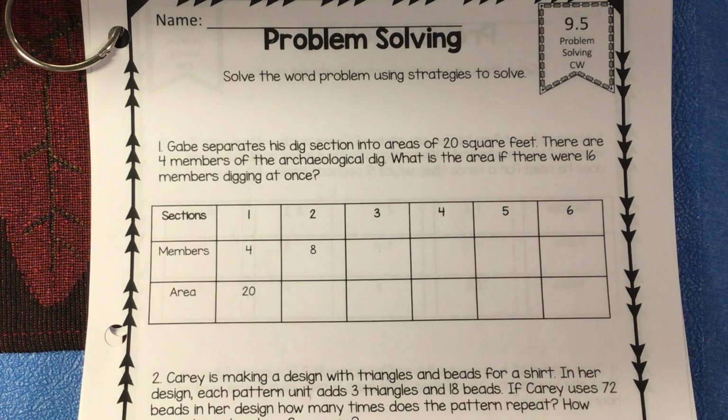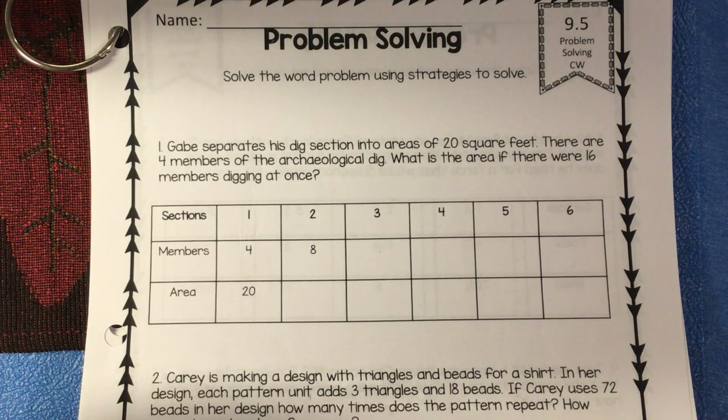And you can see that from the first section. One section has 4 people working on it, and it's divided into 20 sections. There are 4 members of the archaeological dig. What is the area if there were 16 members digging at once?